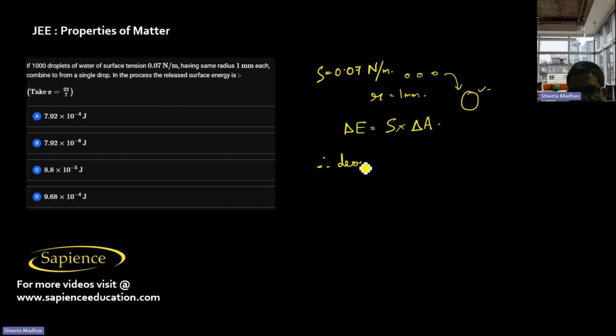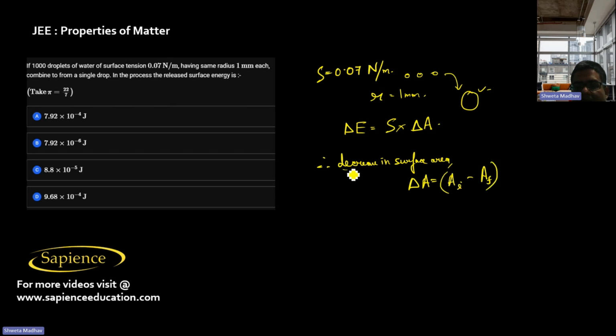Therefore, here the decrease in the surface area, that is delta A, is the initial surface area minus the final surface area.